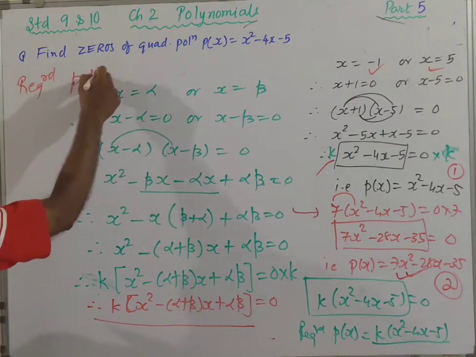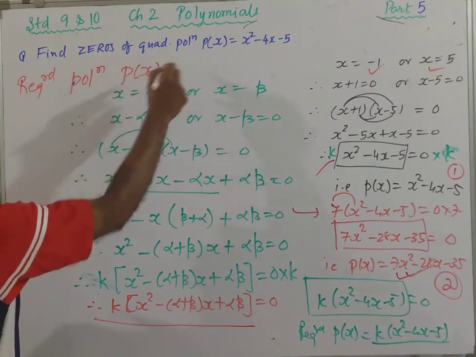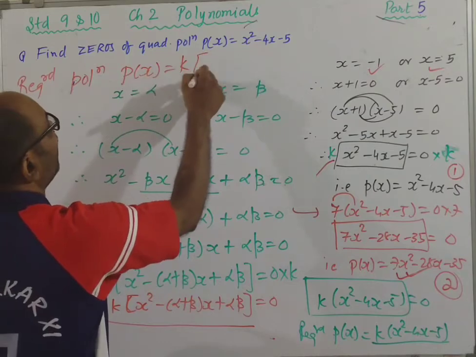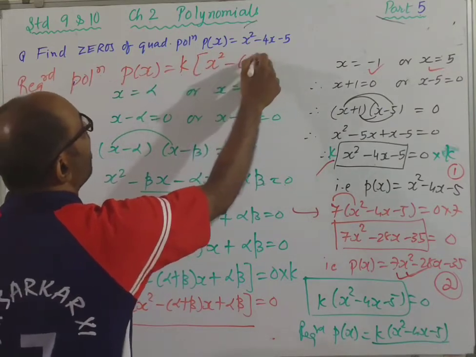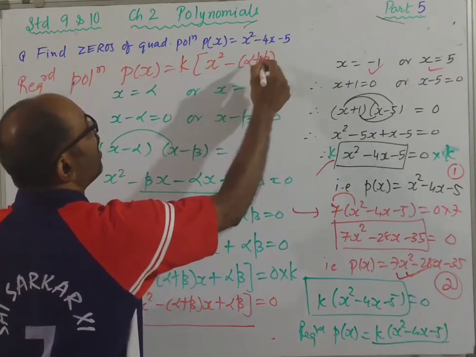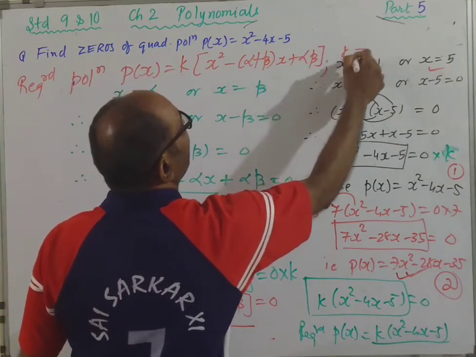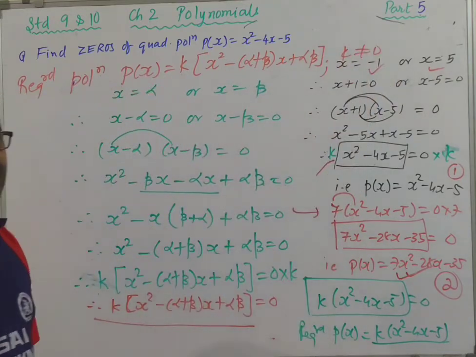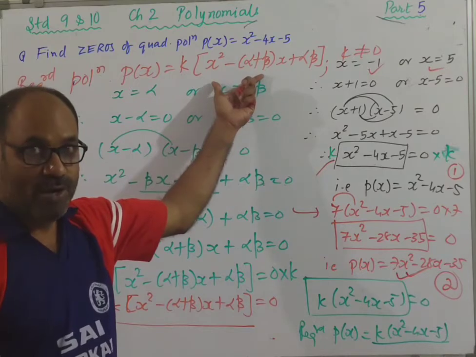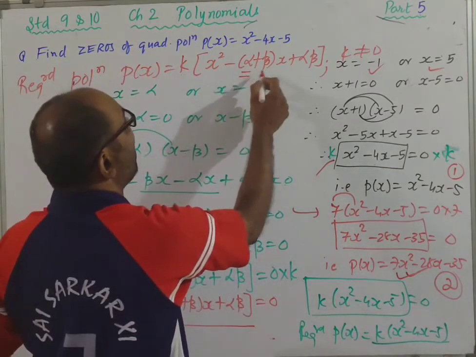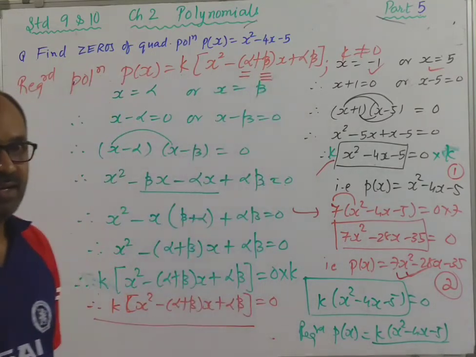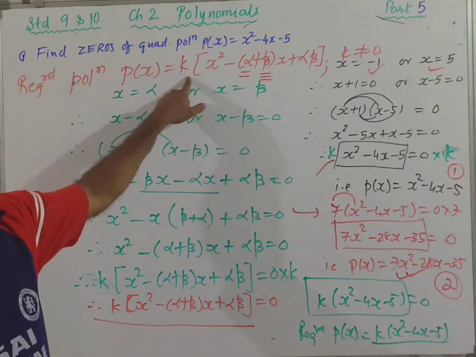Required polynomial p of x is equal to k into x square minus alpha plus beta into x plus alpha beta, where k is not equal to 0. So this is the quadratic polynomial whose zeros are alpha and beta. This is how you can find a quadratic polynomial.